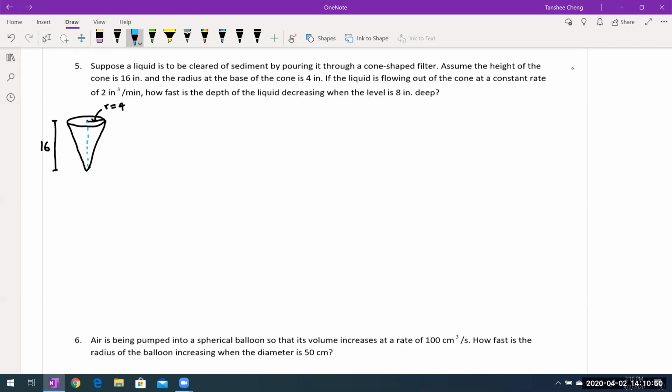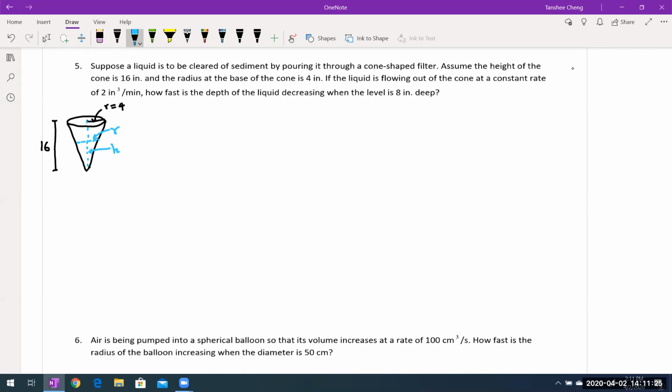So we are talking about right here, at this level, and my radius will always be changing also at this point, and my height is also changing, right? From the 16 feet it is always going to be changing, because as the water level goes down, notice that the radius of the cone at this point is different now, it's smaller. So the radius is also changing.